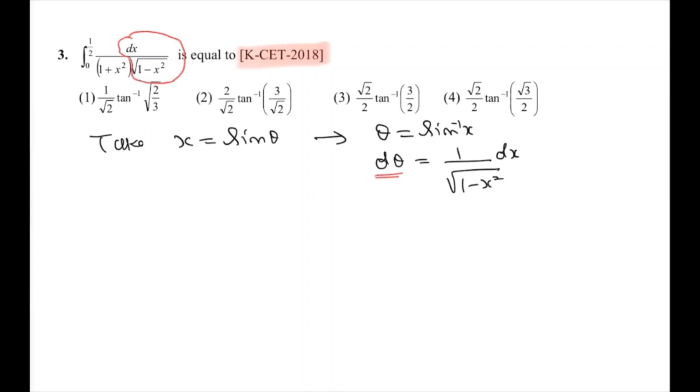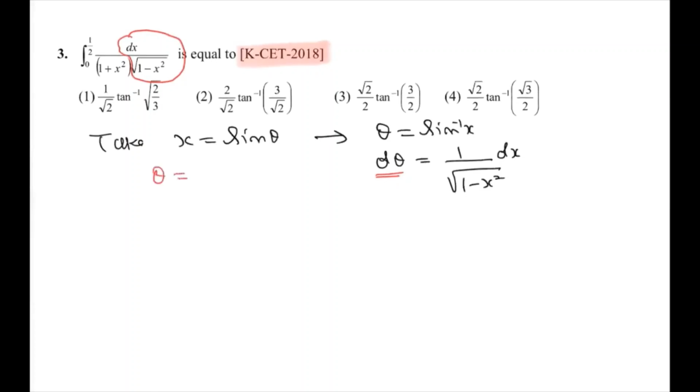And x is sine theta. Now, accordingly, limits also change. When x is 0, theta is sine inverse of 0, that is 0.